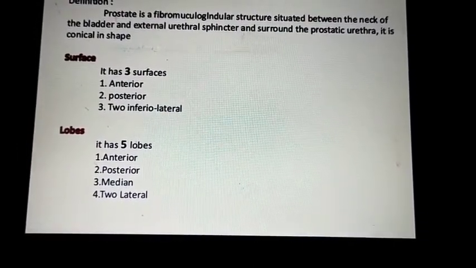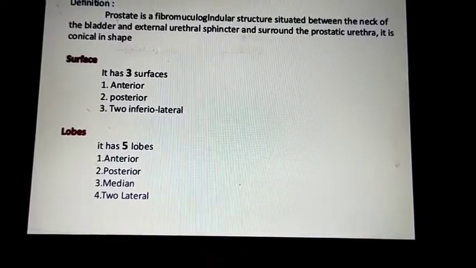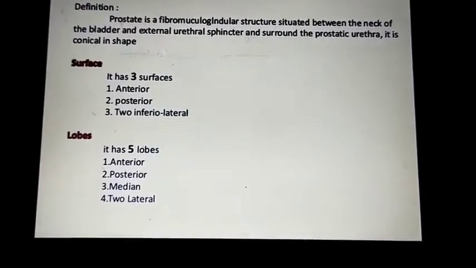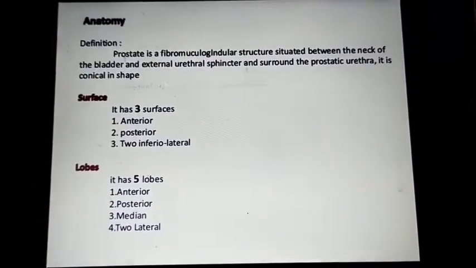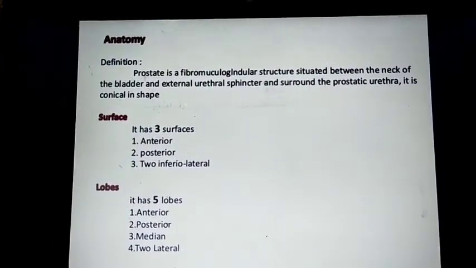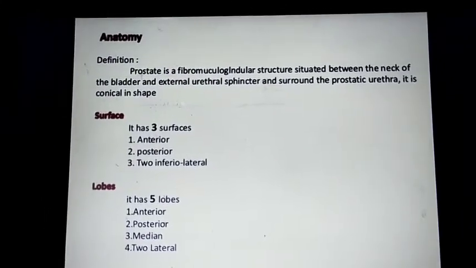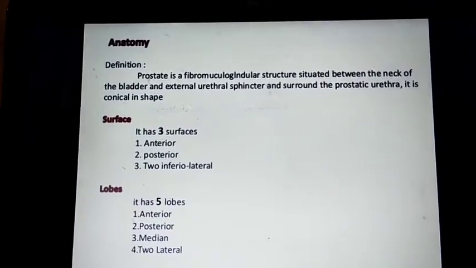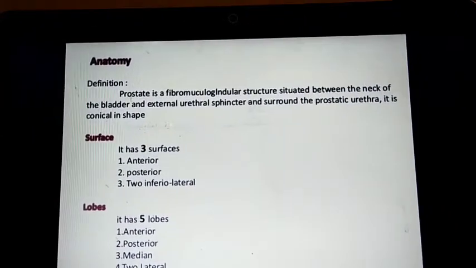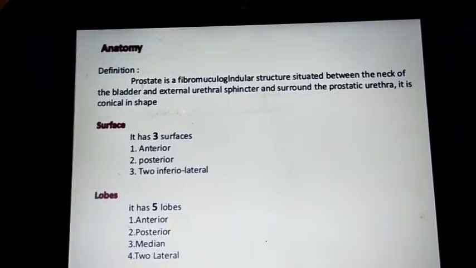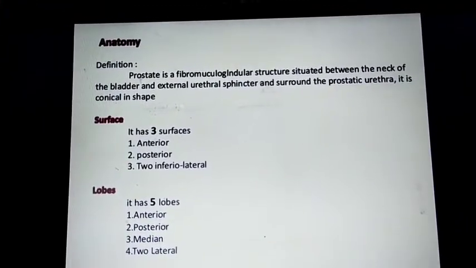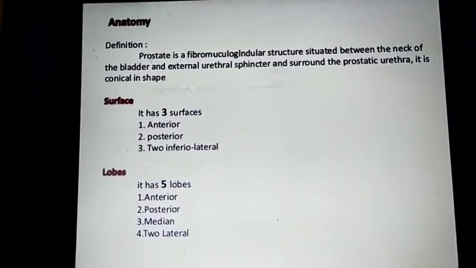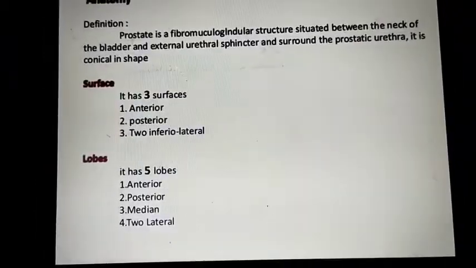It contracts and helps in the ejaculation of semen, and it covers the urethra, so it also helps in urination. That's why I am stressing that the prostate is not a simple gland. It is not completely a glandular structure. It is a fibromuscular glandular structure. You can remember this as one peculiarity of the prostate.